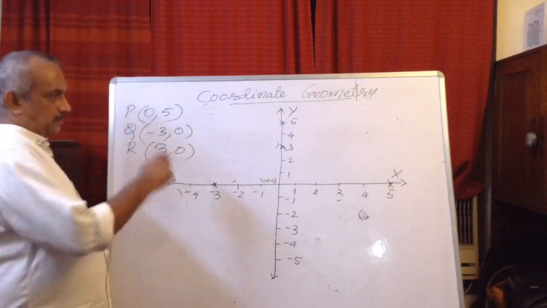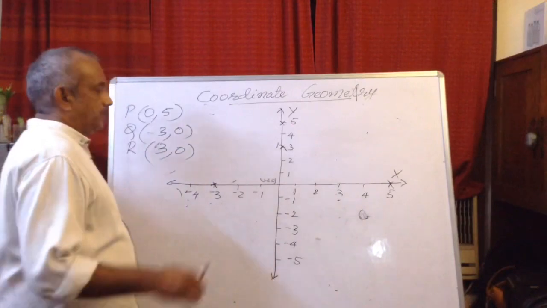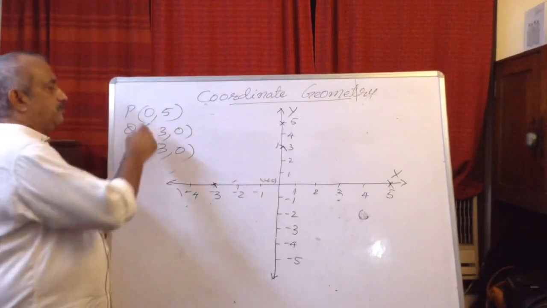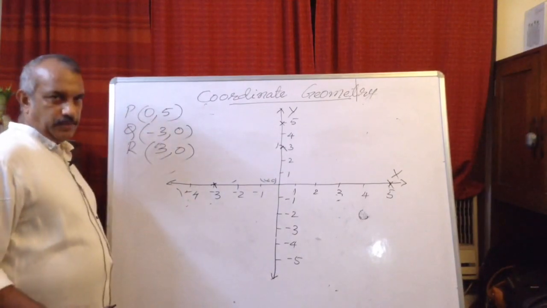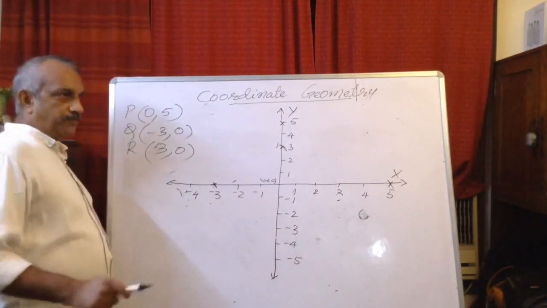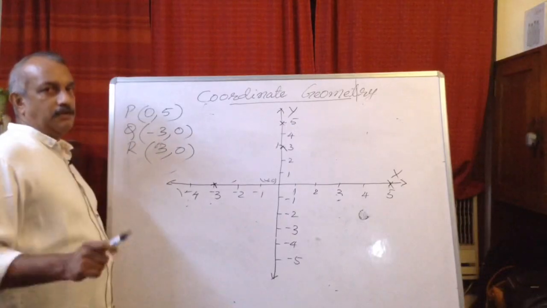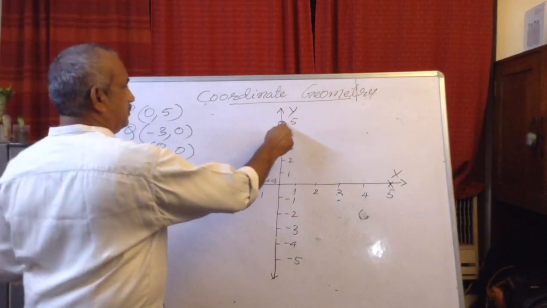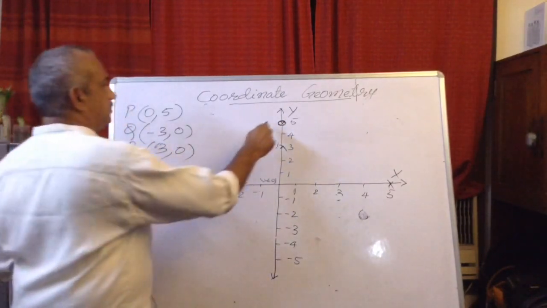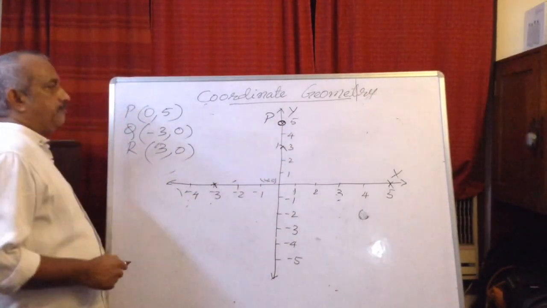Now I am giving one extra question so that you can understand. The question is: plot these points on a Cartesian plane, join them, shade the shape obtained and find its area. So first (0, 5), this is the first point, this is P. I am not writing, only marking.